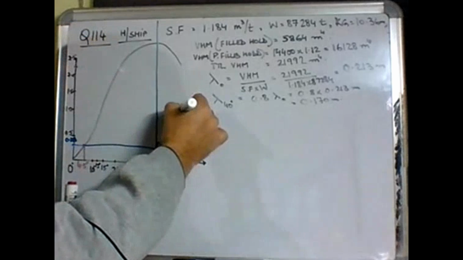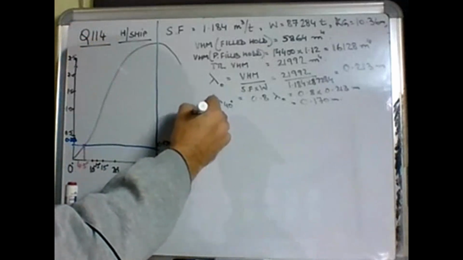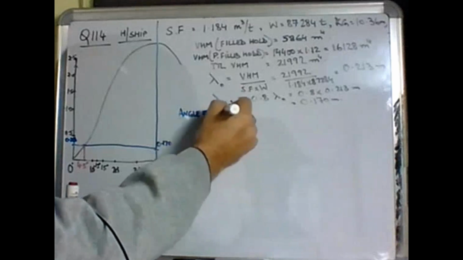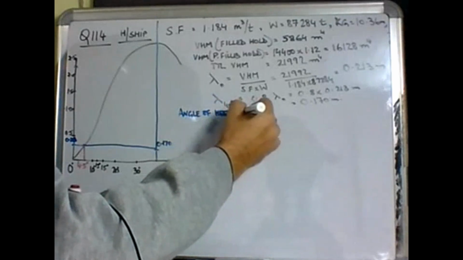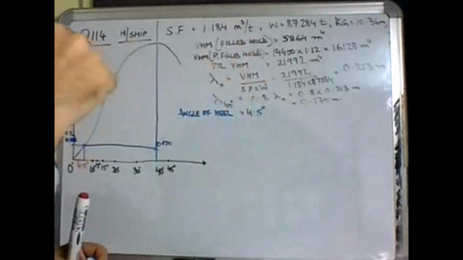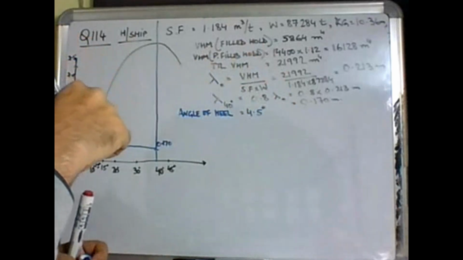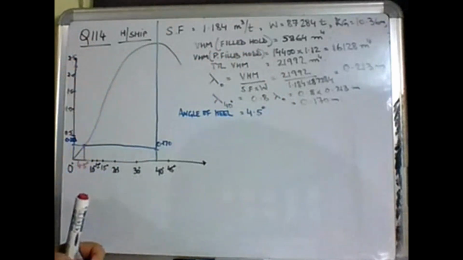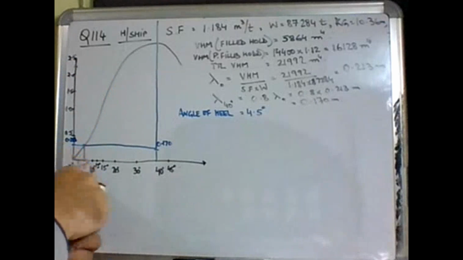So the angle of heel due to shift of grain comes as equal to 4.5 degrees. And what is the limit for grain cargo? The angle of heel should not exceed how much? Any idea?